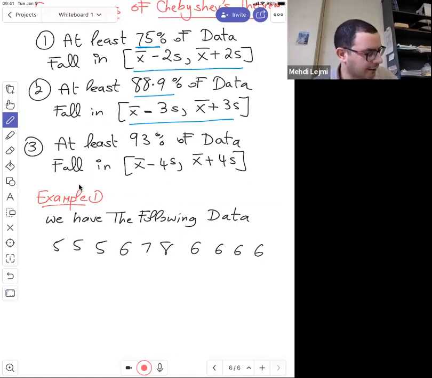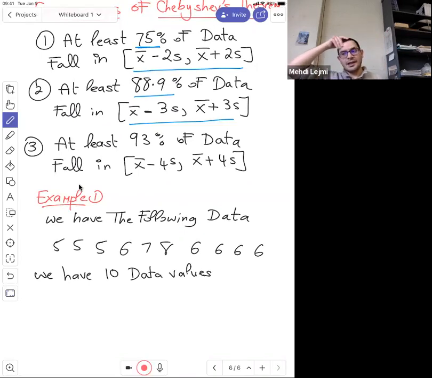As you can see, we have 10 numbers, 10 data values. Now, what's the x bar of this data set? We know how to compute x bar: it's the sum of the values over the number of data values.